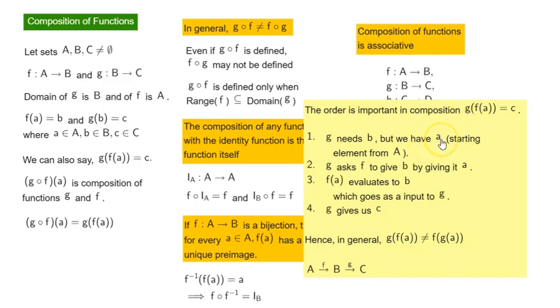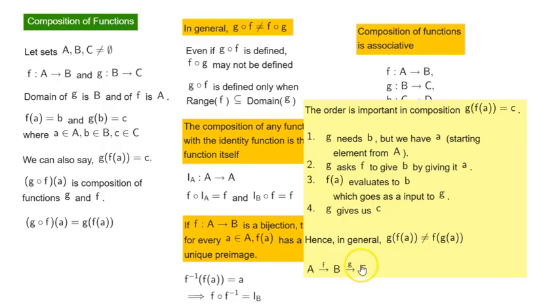We only have a, which is the starting element from set A. So since g doesn't have b, g asks f to give b by giving it a. Now f of a evaluates to b, which goes as an input to g, and then g gives us c. And because of this, in general, g of f of a is not equal to f of g of a.